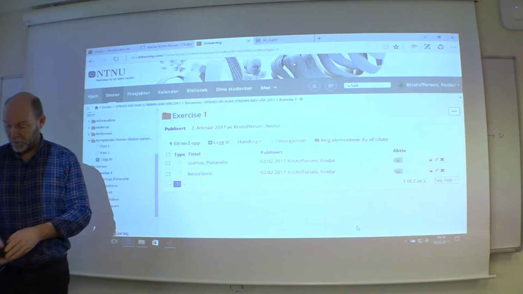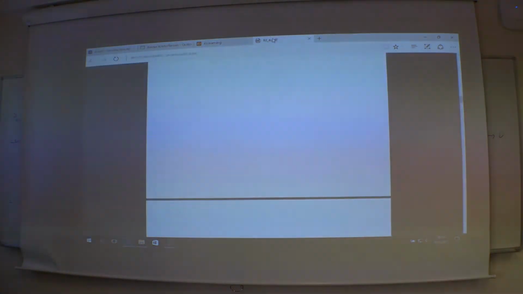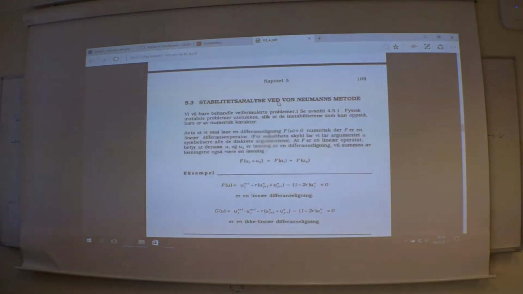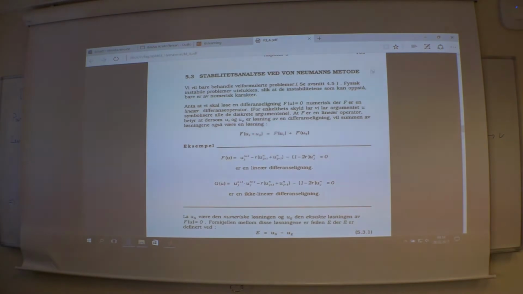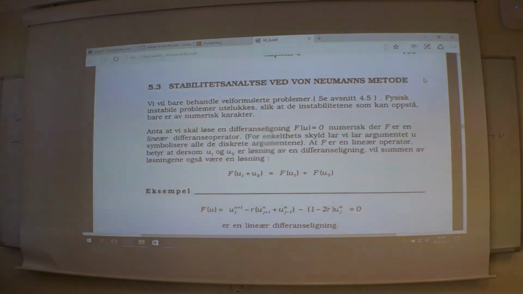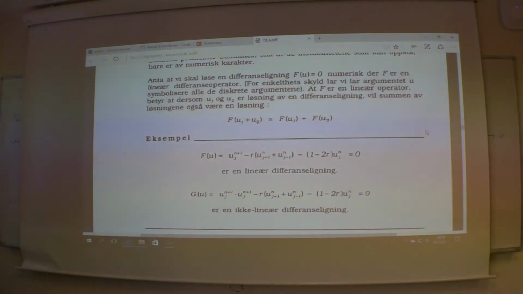Just as an example for use of the von Neumann stability criteria, you have been given here a stability analysis with von Neumann. Sadly, this one is in Norwegian, but you should be able to follow it quite straightforward.